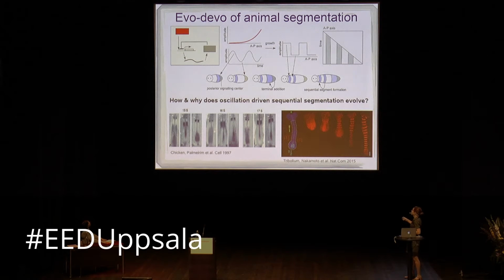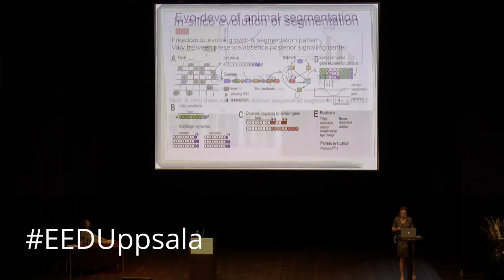These oscillations require a morphogen to keep them going, and then as growth proceeds, they leave this high morphogen level, and the oscillations become transformed into stripes, and you get this space-time plot. So you can ask, how does this evolve? And we've done that in a previous study, but you can also ask, why does it evolve?